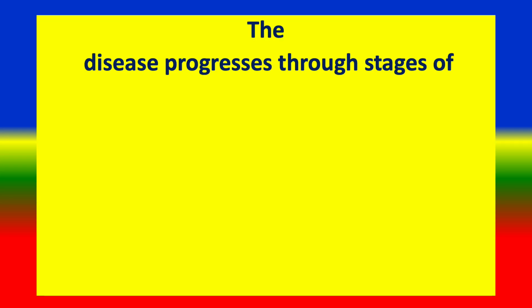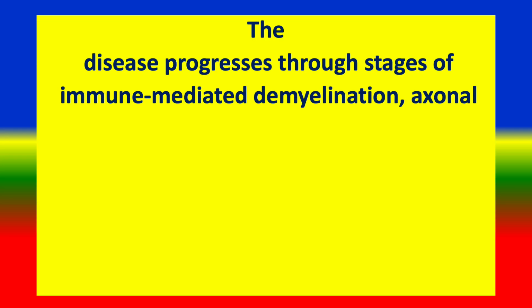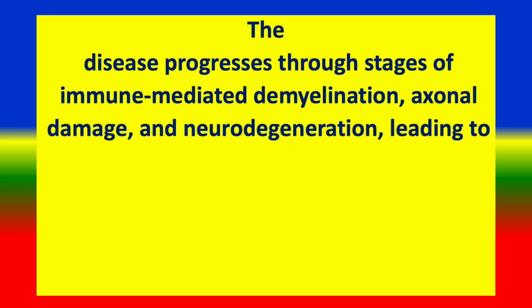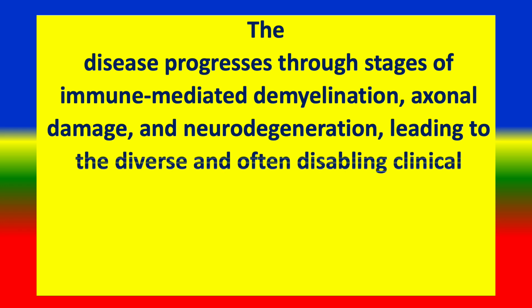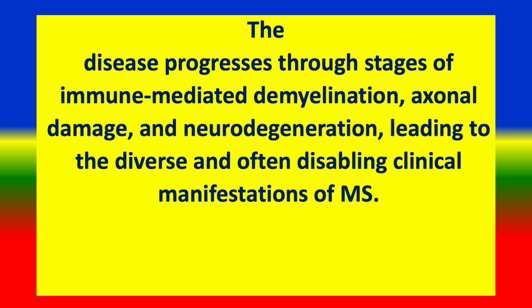The disease progresses through stages of immune-mediated demyelination, axon damage, and neurodegeneration, leading to the diverse and often disabling clinical manifestations of MS.